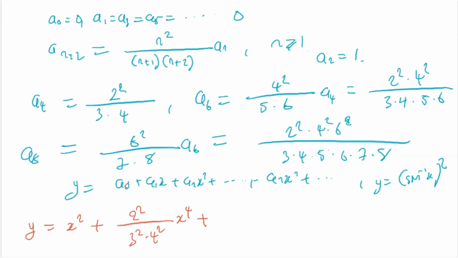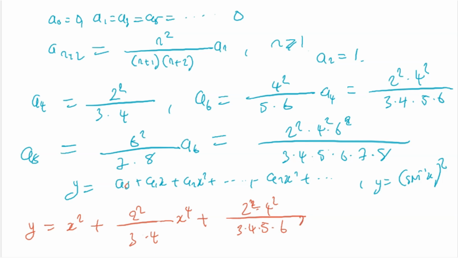That is 2 squared times 4 squared all divided by, no, this is not 3 squared and 4 squared, this is just 3 times 4, my bad. This is 3 times 4 times 5 times 6, right?